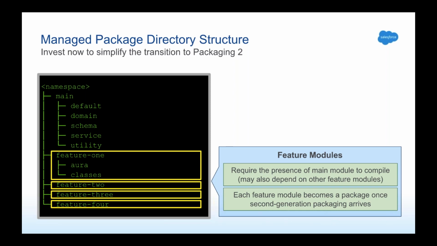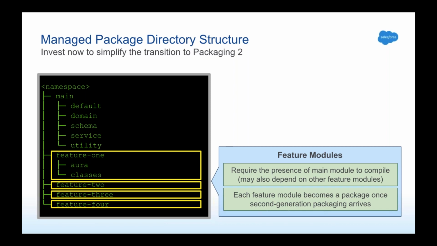only you're getting some logical separation on disk, and hopefully you're also making sure that you've got dependencies that go one way. So features depend on what's in main, but main doesn't depend on things in features. So that if you were to erase all four of those features and just build main, that would work.